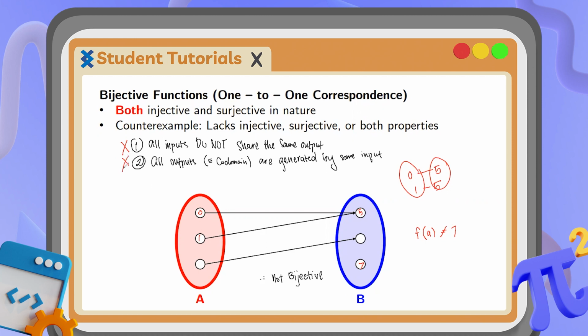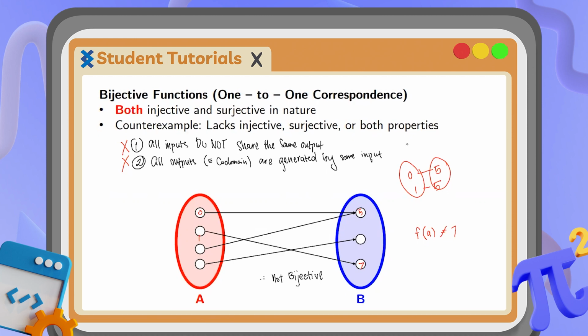So therefore, it's also not surjective or not onto. But it's still a function that isn't injective, surjective, or even bijective. But it's still a function regardless.